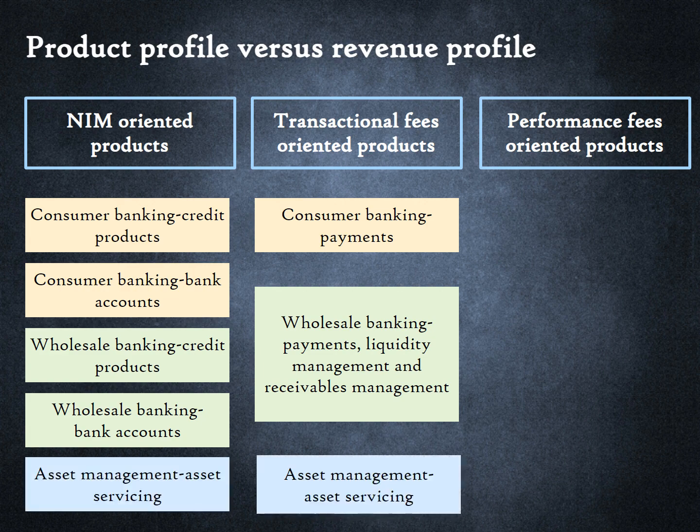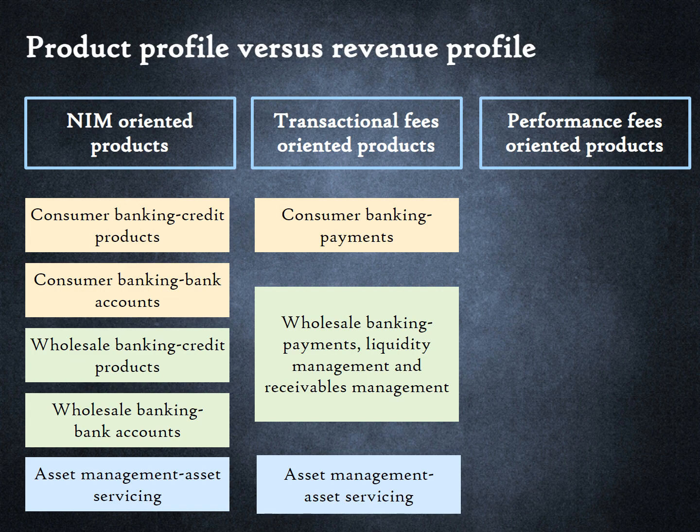Next, we turn to asset management. The asset servicing side of asset management products are both NIM and transaction fees oriented. For instance, idle cash held in brokerage and custody accounts contribute to NIM. Securities financing products also generate NIM. But asset servicers can also generate substantial fees from the same products.